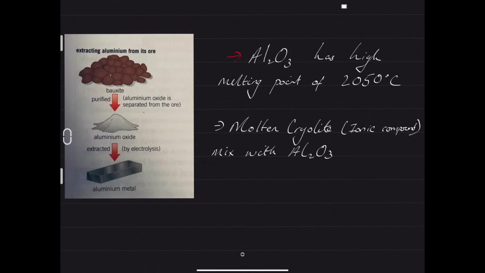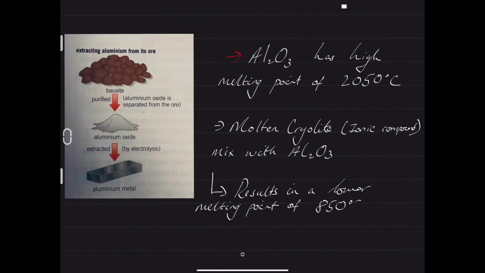This results in a lower melting point of 850 degrees, and now electrolysis can take place, because once we have the aluminium oxide in a molten state, electrolysis can take place.